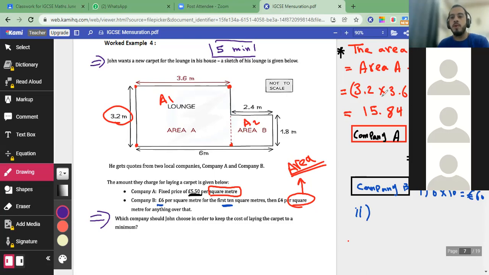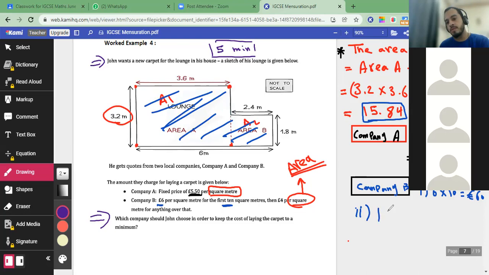Here, what is the total area? The total area is 15.84, right? Subtract 10. What will it be? 5.84.